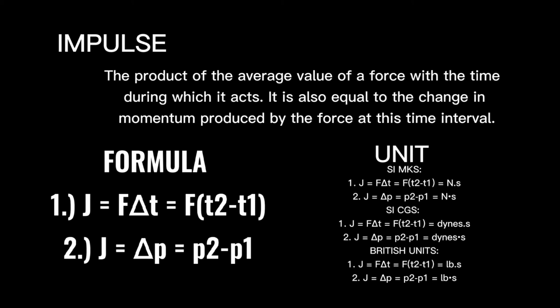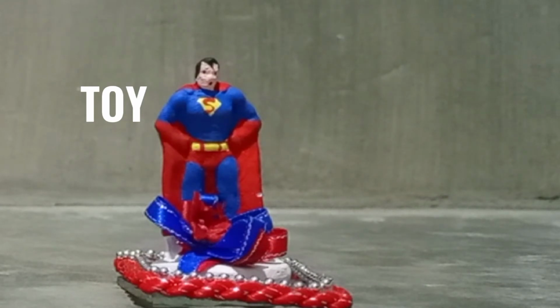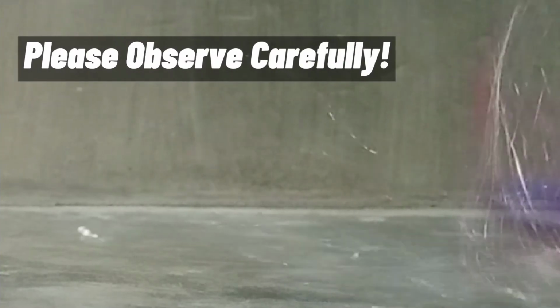So for you to be able to understand what impulse is all about, I will show you some experiments. We'll be using a toy to show you what will happen if this toy is thrown onto the floor. Please observe carefully.